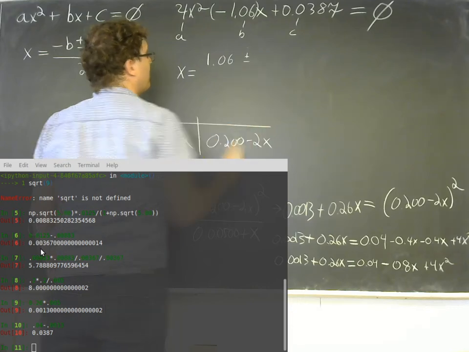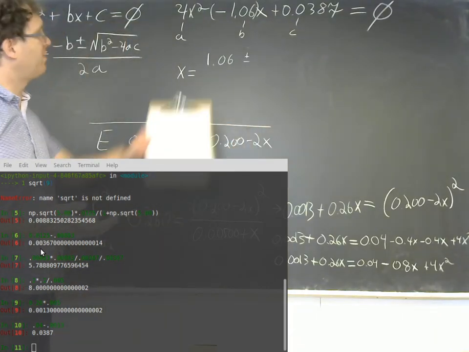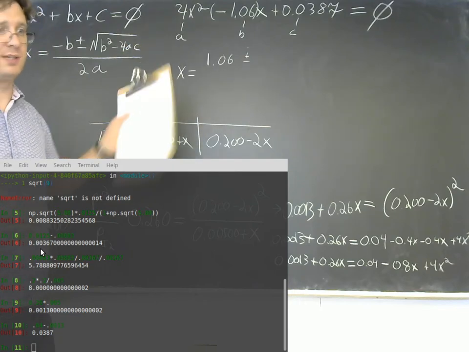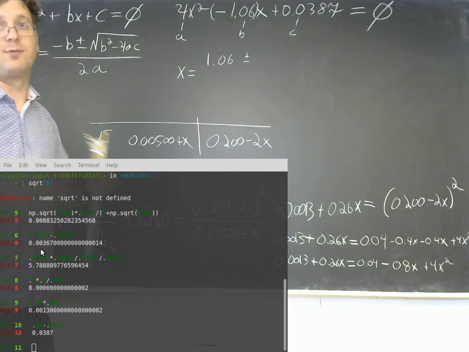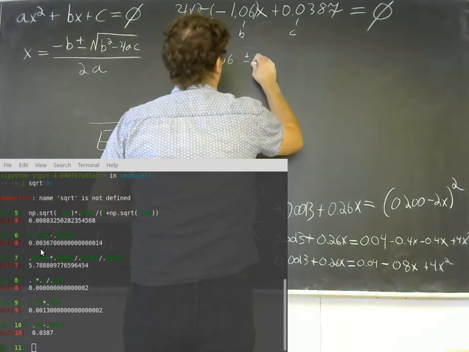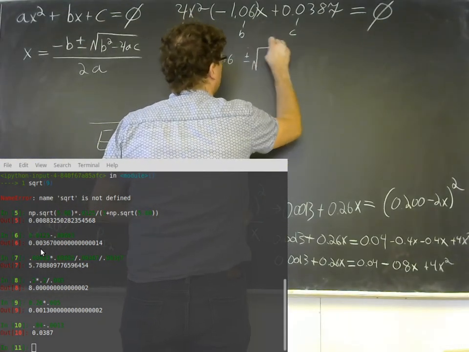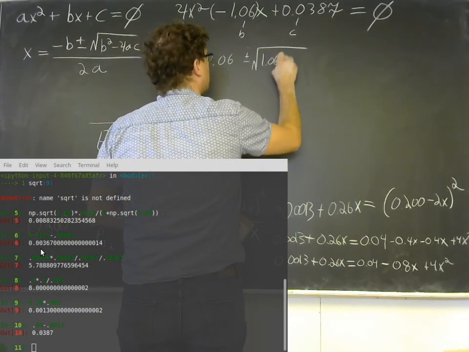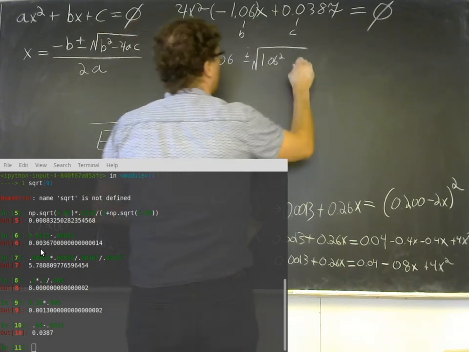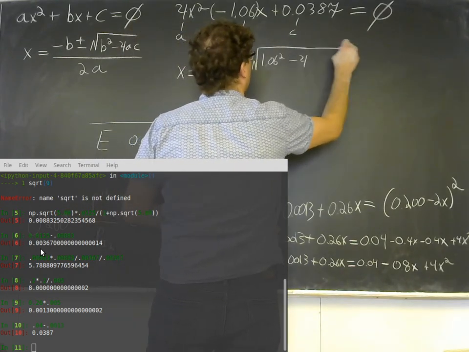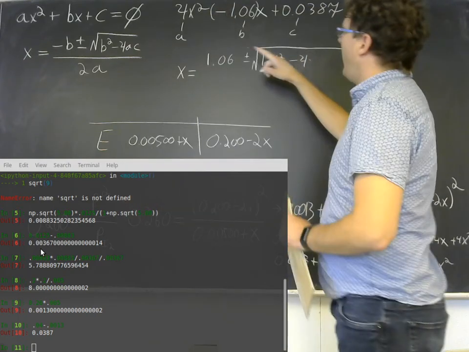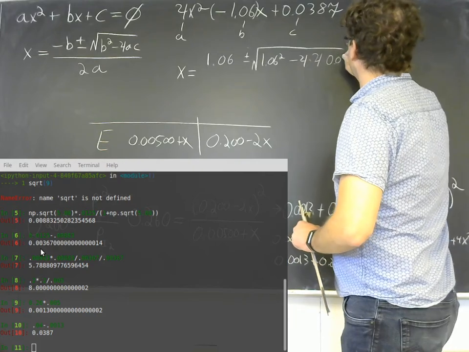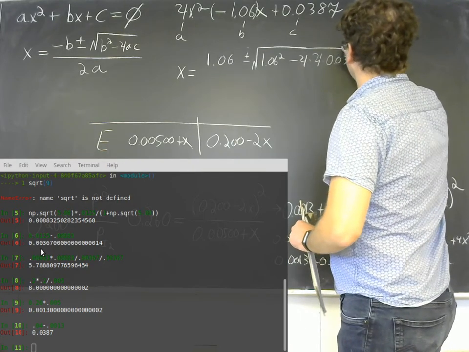Plus or minus, and we'll show you how to deal with that in a minute, but basically we'll just do the plus first and see if we get an answer that makes sense. And then we'll do a minus and see if we get an answer that makes sense. Okay, plus or minus the square root of b squared, so that would be 1.06 squared, minus 4 times a is 4, and c is 0.0387.